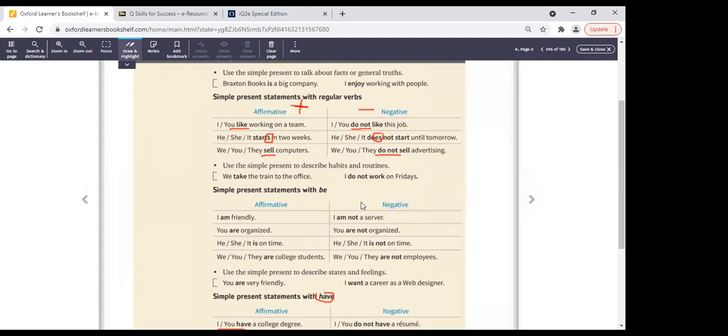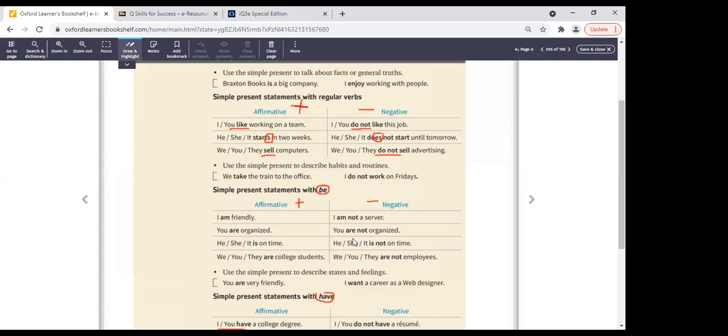With be and negative, we add not after the verb be.